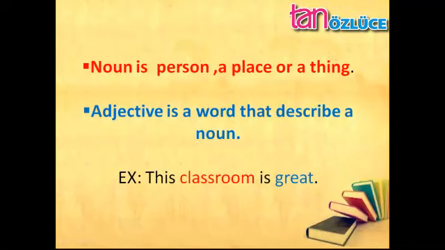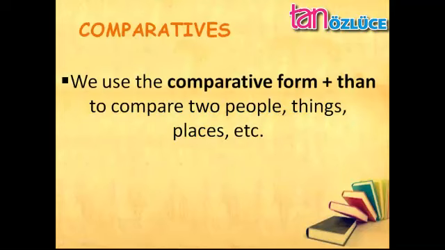So, a lot of the time we like to compare things, and in English, we often compare two things, and when we compare these things, we need to use comparative adjectives. So, we have some rules when it comes to using adjectives to compare two things.